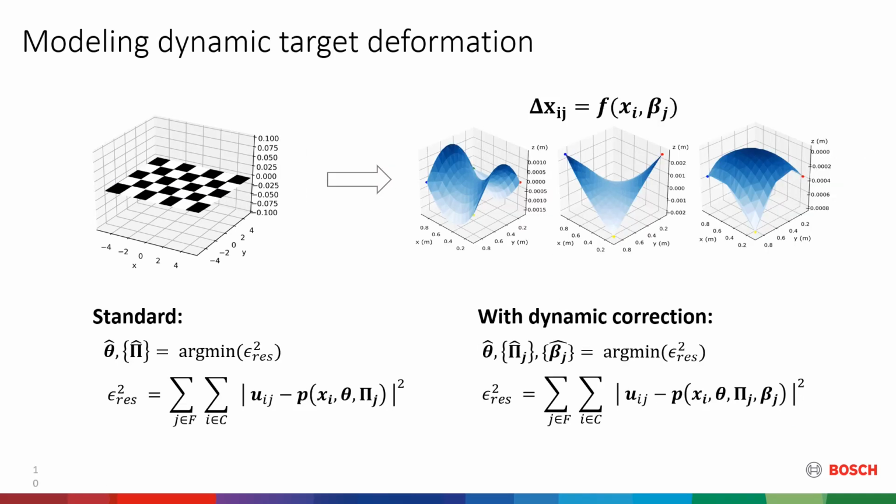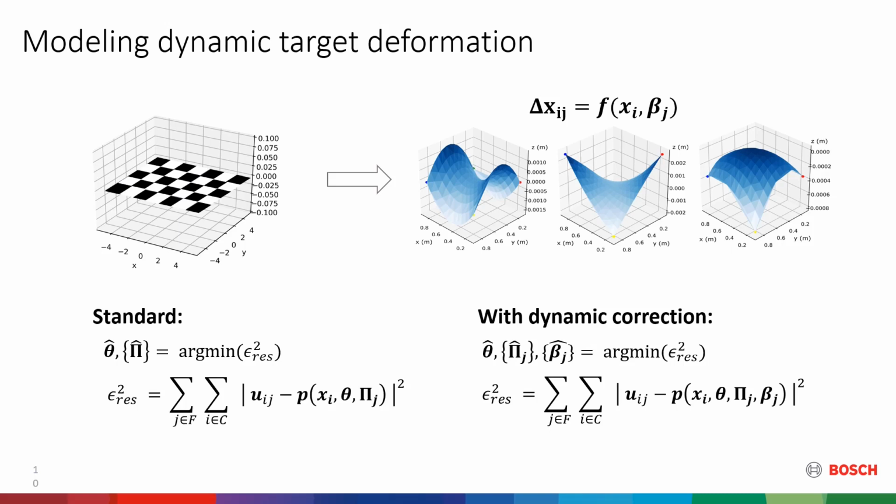Modeling dynamic deformations requires a different correction in every image. Here, the main challenge is that including free corrections of all points in every image would result in an unconstrained optimization problem. Therefore, we exploit the spatial correlations of typical mechanical deformations.